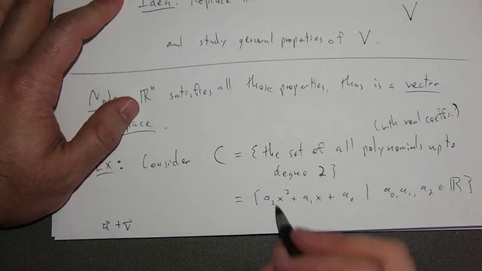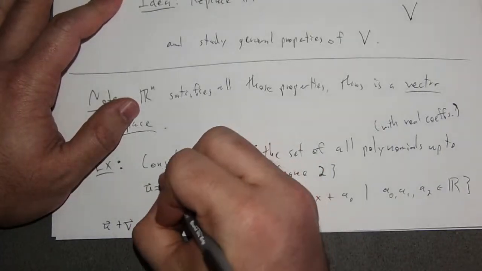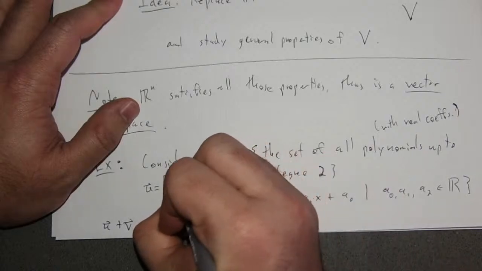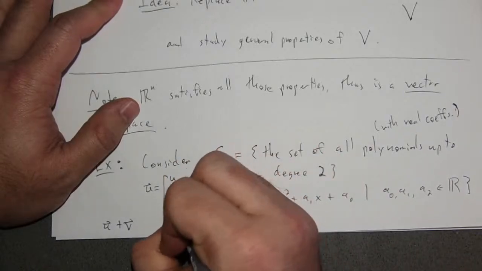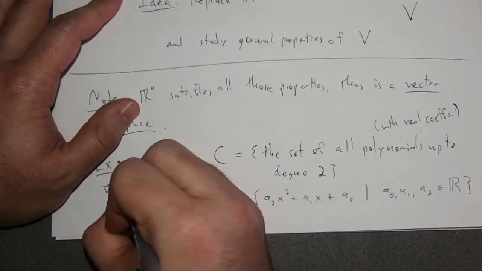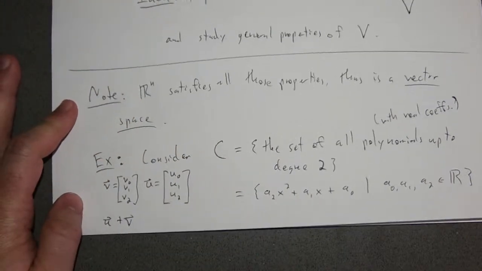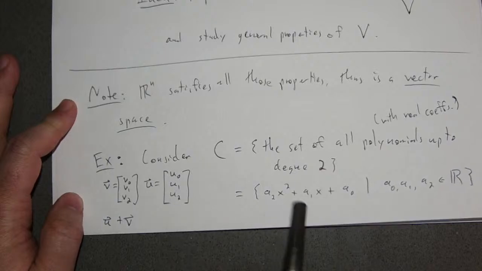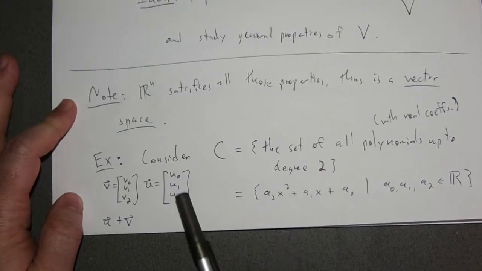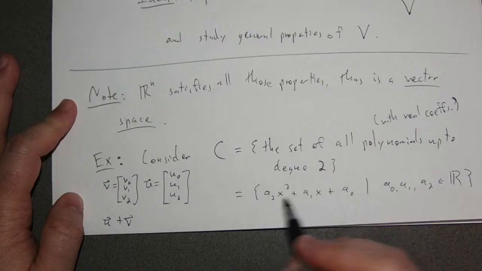If I have a vector u and I use the usual notation, say u0, u1, u2, and v is v0, v1, v2, does this describe a polynomial of up to degree 2? Well, yes, because this is just the vector of coefficients, and everything else is determined in the polynomial. All the other things showing up in the polynomial are completely determined.